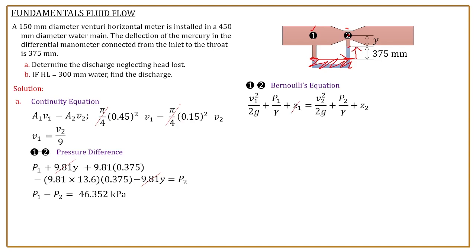So, Z1 and Z2 cancel. Assume natin na nasa datum sila pareho, so maka-cancel ang ating elevation heads. So, V2 squared divided by 2g minus V1 squared divided by 2g.